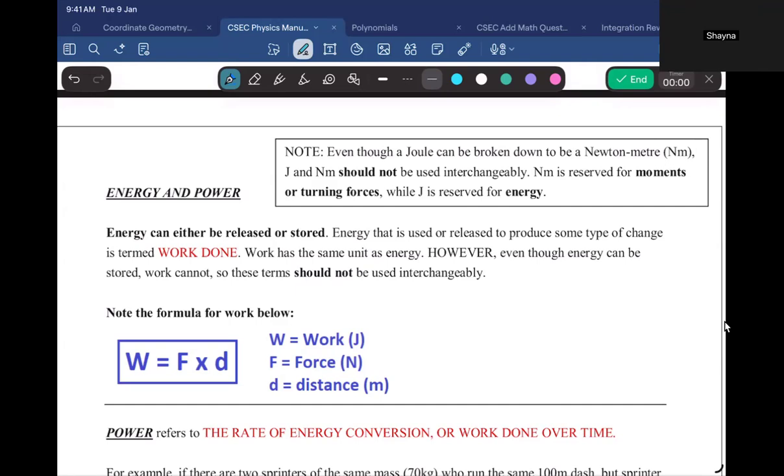Okay, right? That's where it should ring a bell, because work is equal to force by distance. Moment is also equal to force by distance, because moment is the amount of work you would need to turn something.